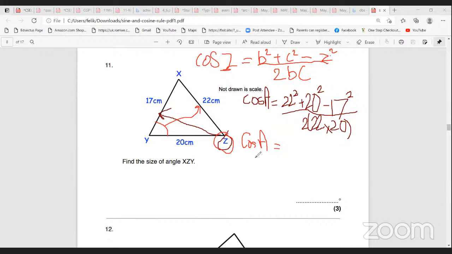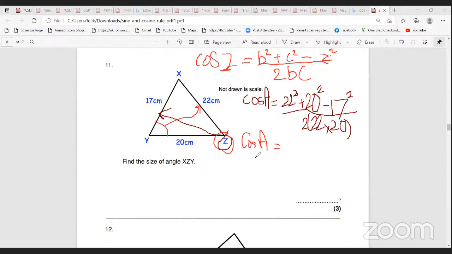Put in your calculator for me. 22 square plus 20 square minus 17 square. Equal, tell me what you get when you do that.